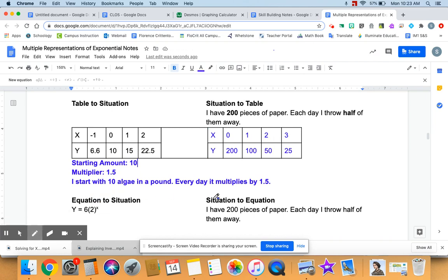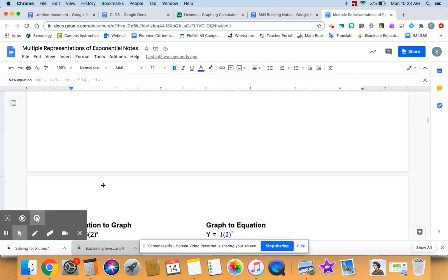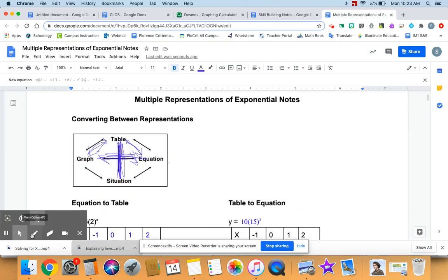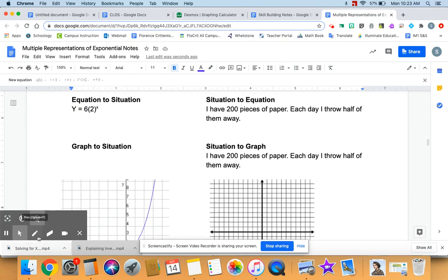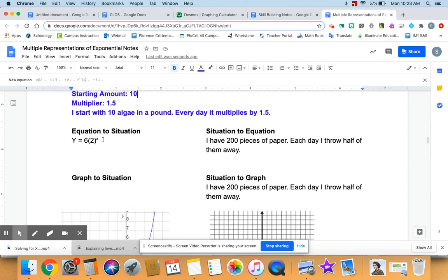All right, now it's between equation and situation, these two. So if I scroll back up, I'm going between equation and situation now, back and forth. All right, so again, for my situation, I'm going to always say, what's my starting amount?